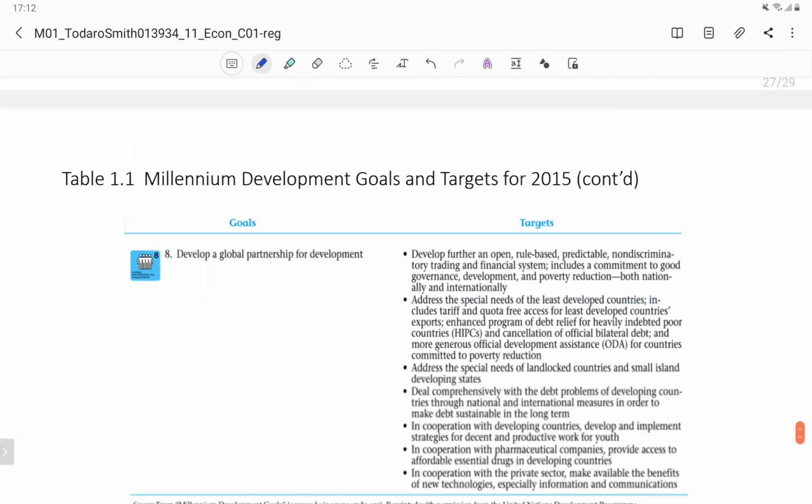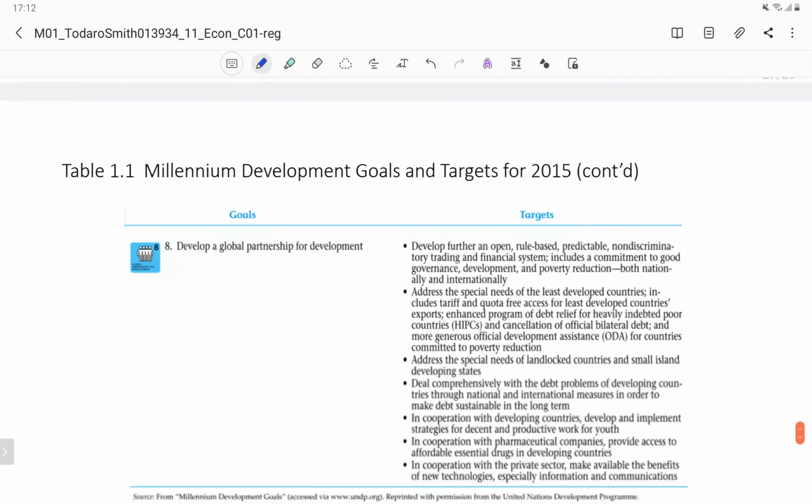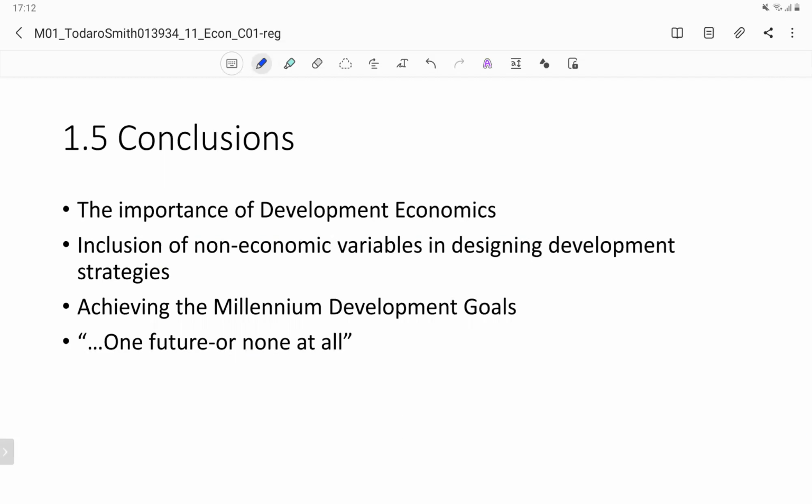Oh, okay. I guess the conclusion of this introduction is, the first one, we have underlined the importance of development economics, and then the inclusion of non-economic variables in designing development strategies, and then achieving the Millennium Development Goals, and then this quote, one future or none at all.